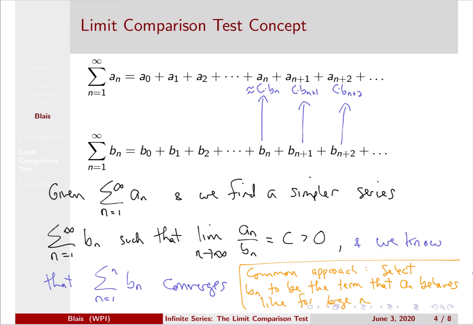And we'll see that this test is quite a robust test in the sense that, if you recall, we had studied a test called the direct comparison test, where you compared a series that you were given to a simpler series that you understood. This limit comparison test works a little bit more robustly for that type of approach. And we're going to see that in the examples that we'll do in subsequent lectures.